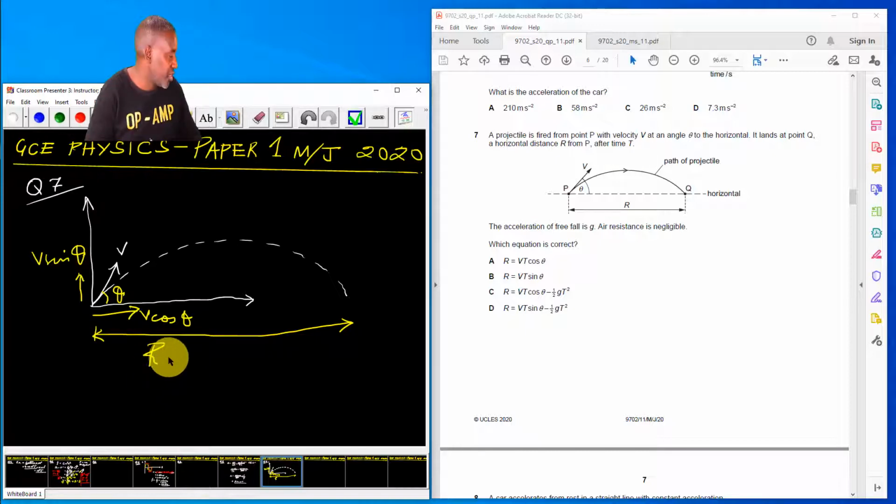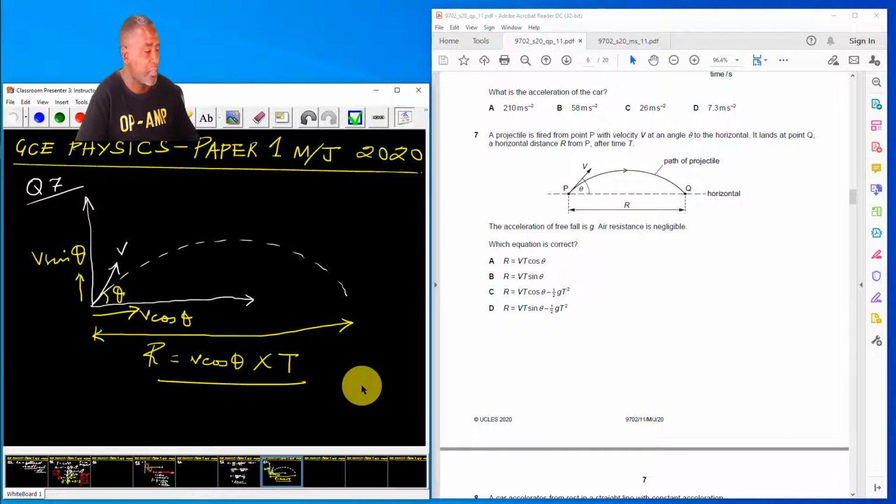That range is usually given by the horizontal component of speed, v cos theta, times the time of flight, which in this case happens to be t. That one is a correct equation. So I check whether we have anything like that.